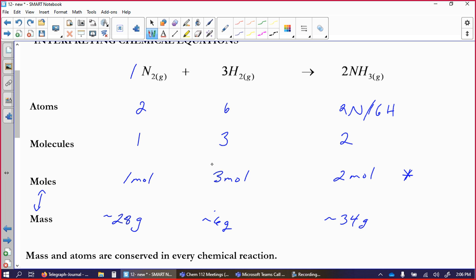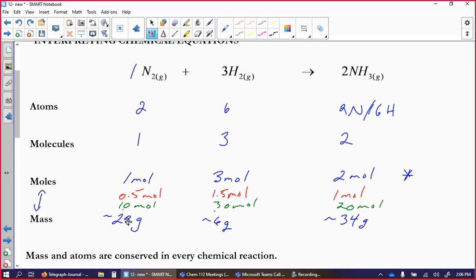If I have half a mole of this, I'm going to need 1.5 moles of that, and I would make 1 mole of that. But I can scale it up and say 10 moles, 30, and so it's always going to be in that same ratio, and that's the important thing.